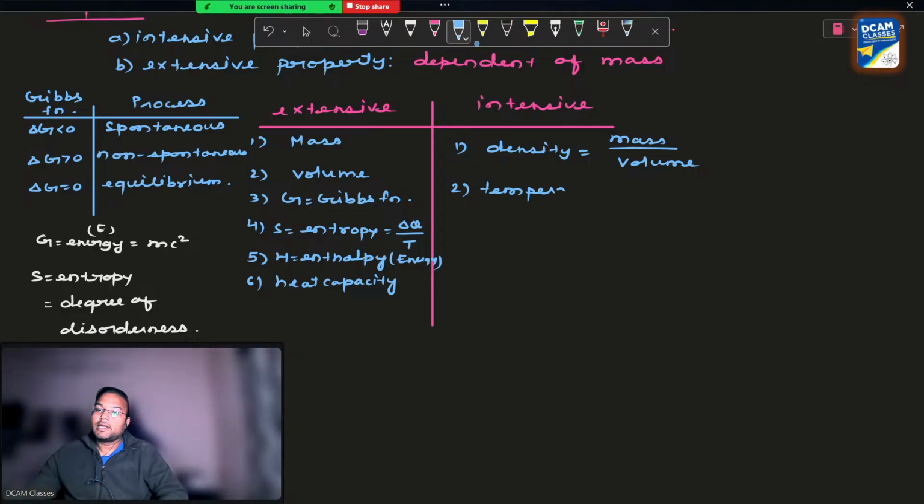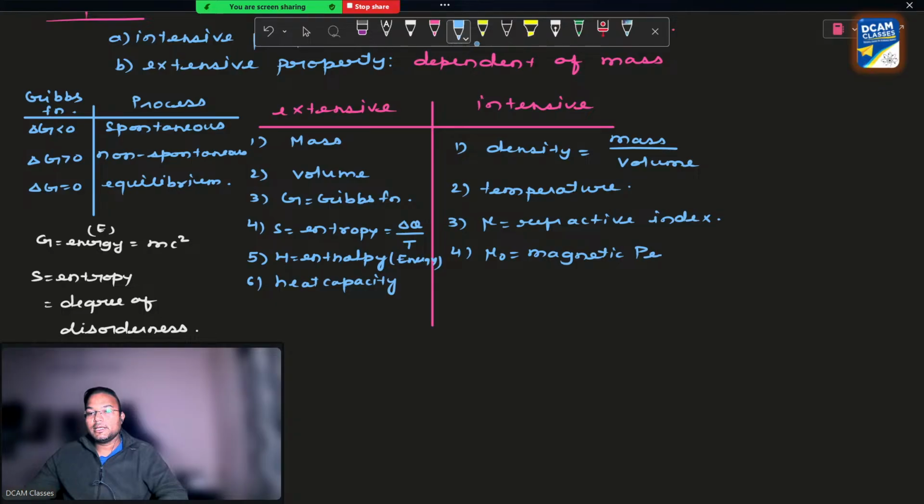Second is temperature. Temperature is also intensive. That is mu, refractive index. You know about refractive index now? Optics, somewhat you have studied in 10th class. Property of medium for light. Magnetic permeability.